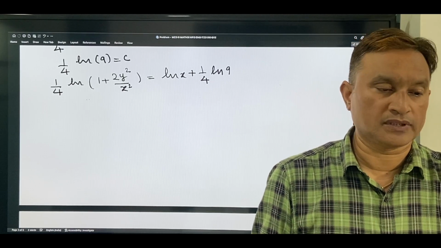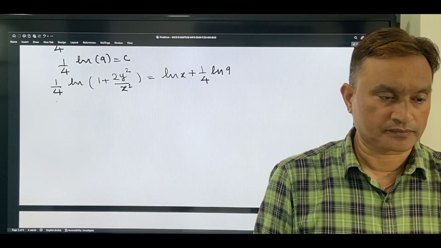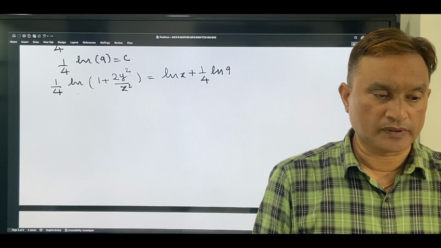Now we will do the simplification because we need to make y the subject. So we will start simplifying that.